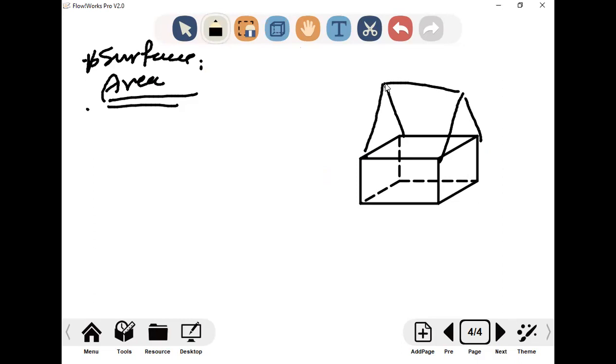Down we have 6 feet, 9 feet and 8 feet. Here we have a right angle, which means this is the height of this triangle, which is 3 feet. And here we have 9.5 feet. These are all the dimensions we have.